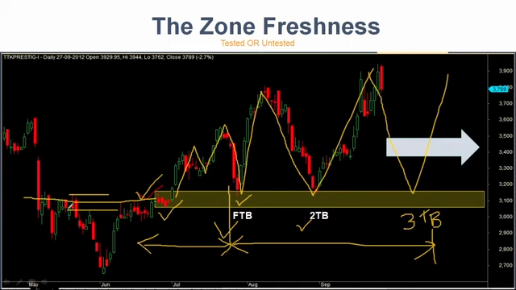This particular zone was engulfed by that zone, which means it's like a flip. It's again a flip. So this zone is powerful and correct.